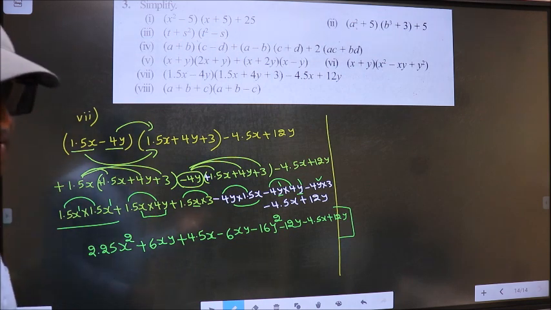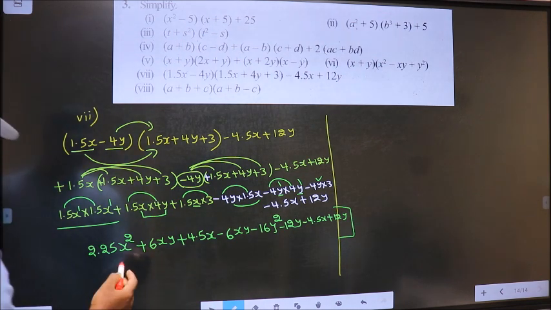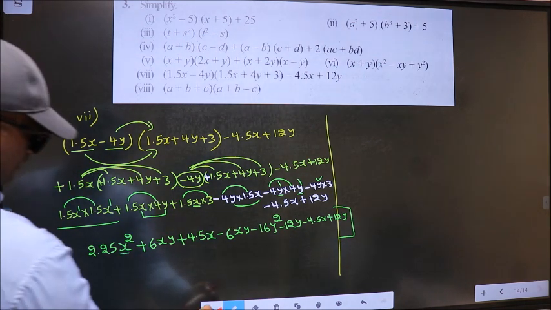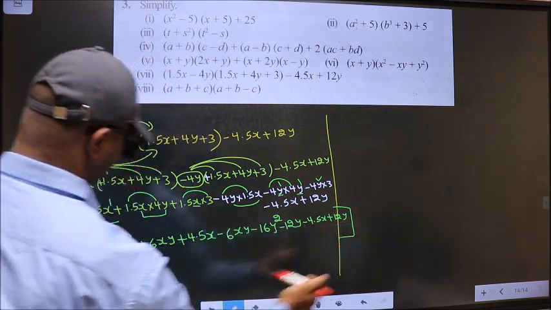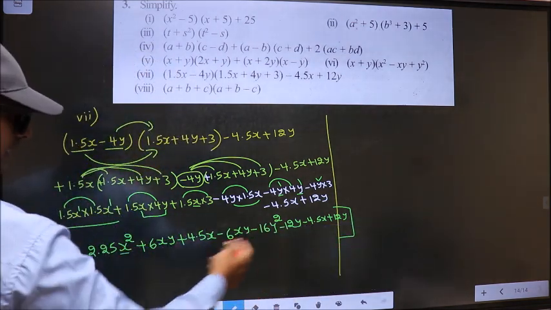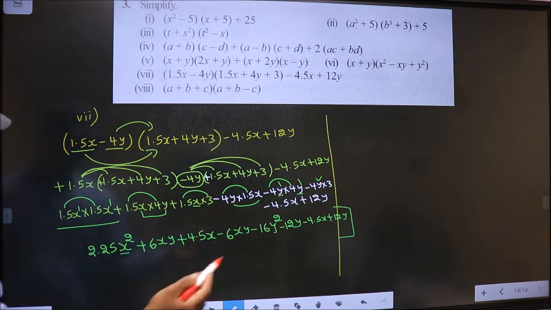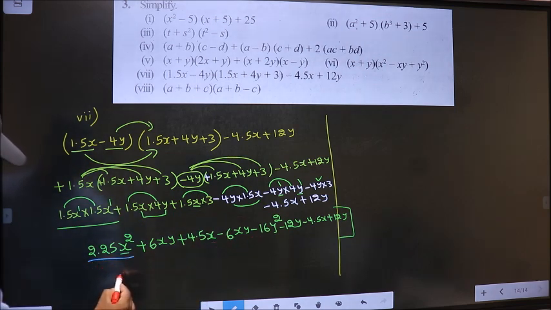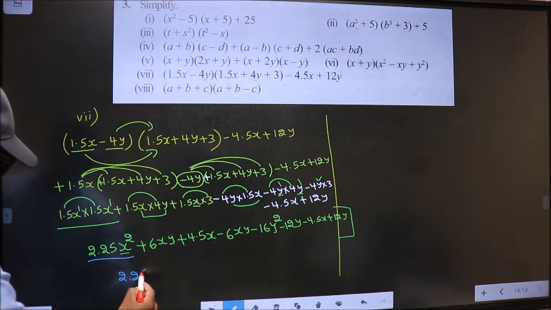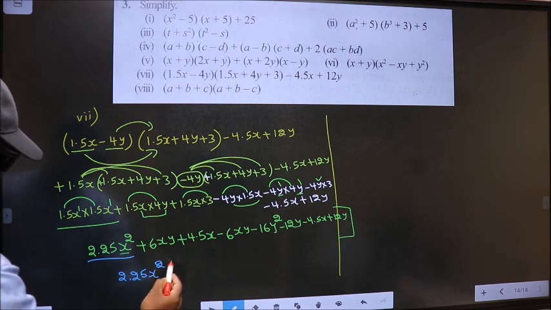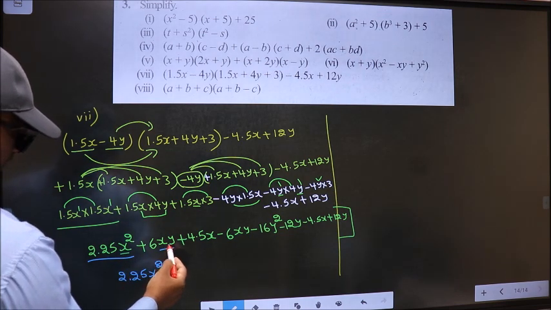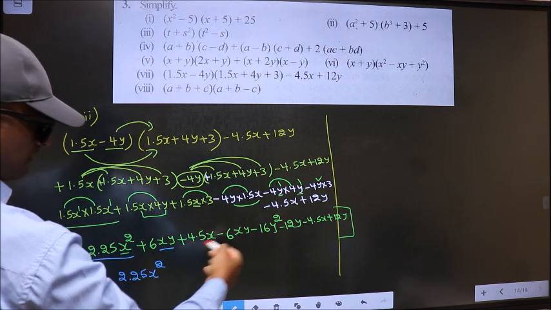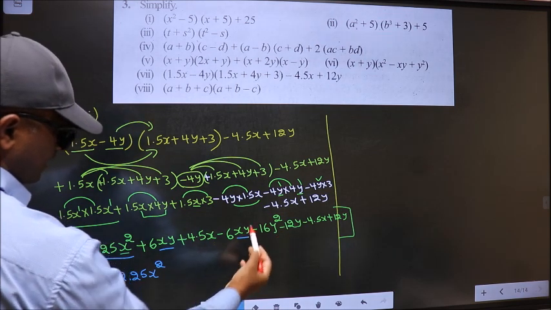Okay, next. Now here we have x square term. Do we have anywhere else x square term in this? No. So this as it is you write, 2.25 x square. Next, xy term. Do we have xy term anywhere else? Yeah, here.